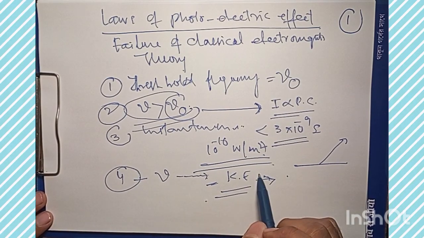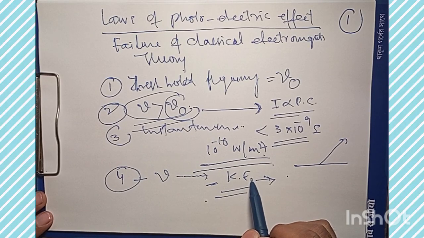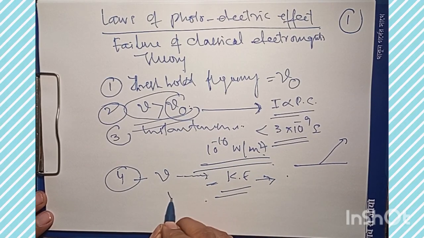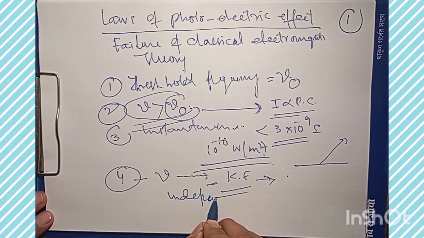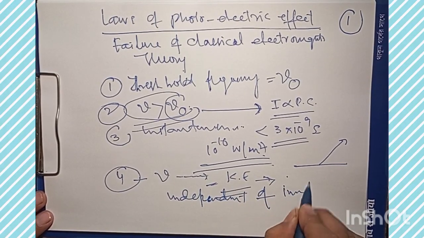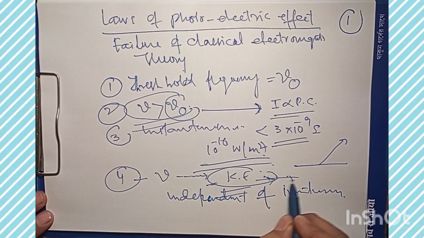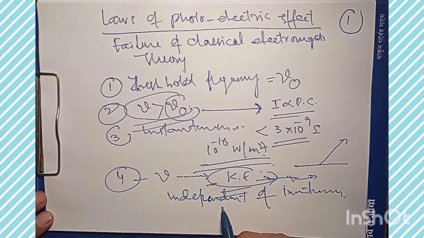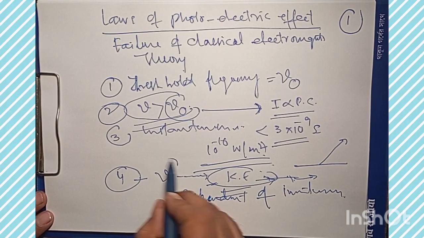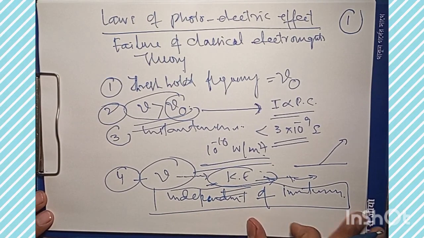And this maximum kinetic energy or maximum velocity is independent of the intensity of light. The kinetic energy or velocity of the ejected electron is totally dependent on the frequency, and does not depend on the intensity of the radiation.